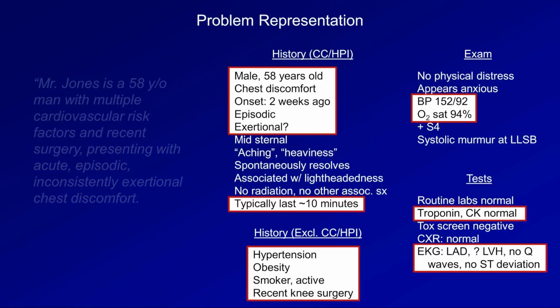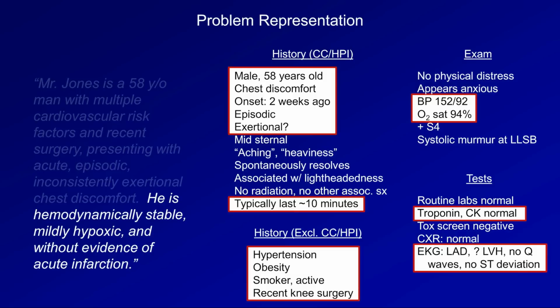Finally, the highly relevant diagnostic data includes the unremarkable vitals, which we can summarize as he is hemodynamically stable, which to a much lesser degree also includes the fact that there were no signs on exam or labs of shock. He is mildly hypoxic, and will end by summarizing the normal cardiac enzymes, lack of Q waves, and lack of ST segment deviation as without evidence of acute infarction.